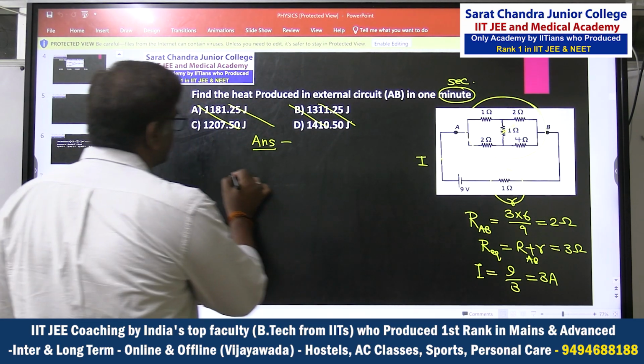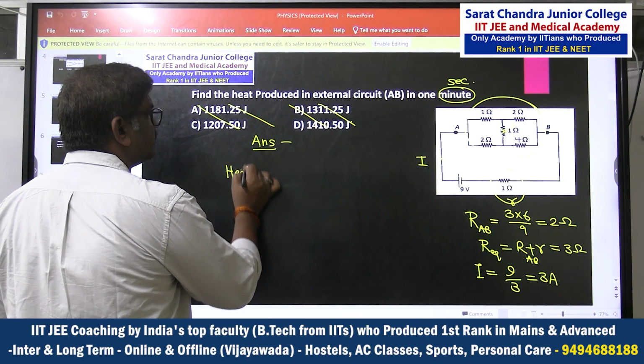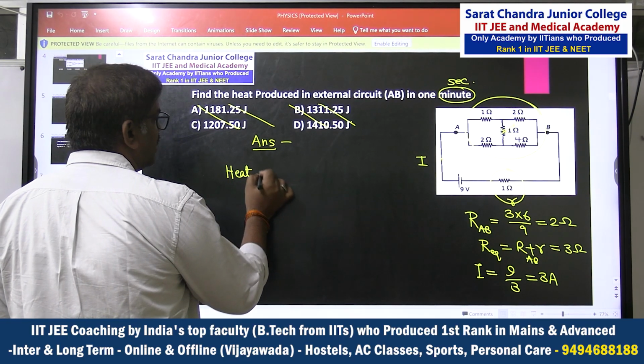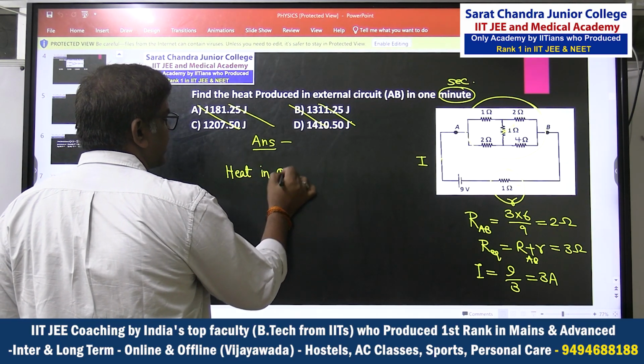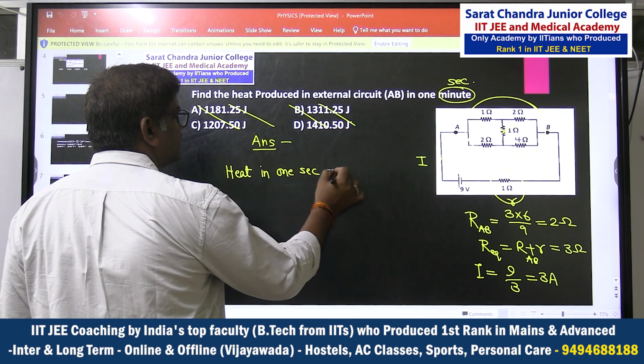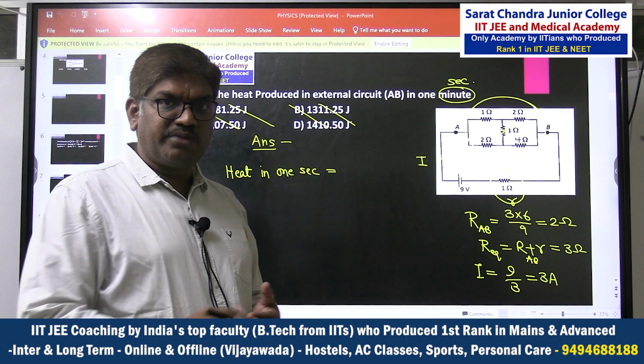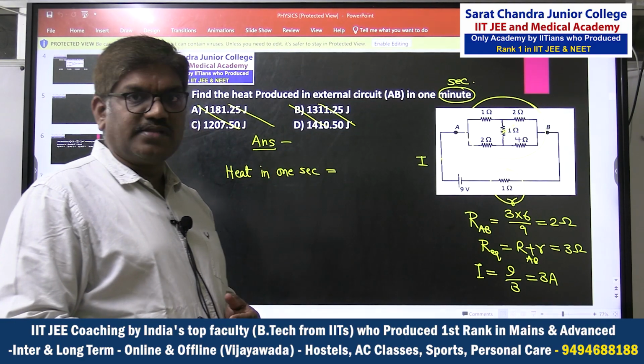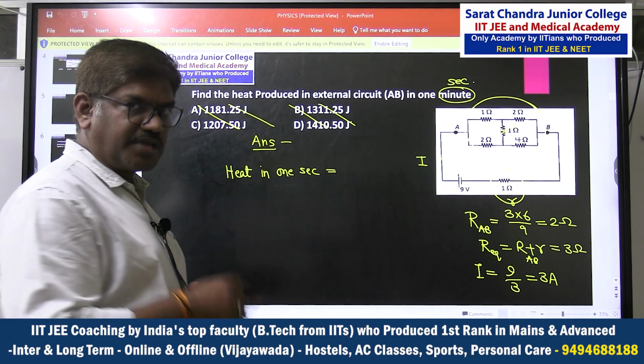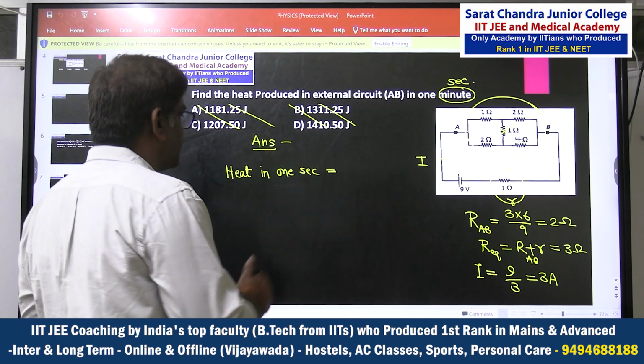That means for that, we can simply write the heat generated in 1 second. So I am taking 1 second. In some of the sources, you may see that this is 1 minute. As it is a memory based question, the data are not clear. But yes, you need to understand the concept which we are using here.